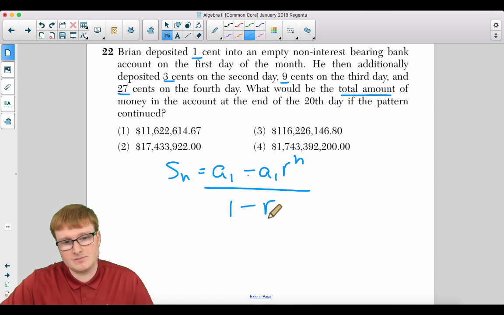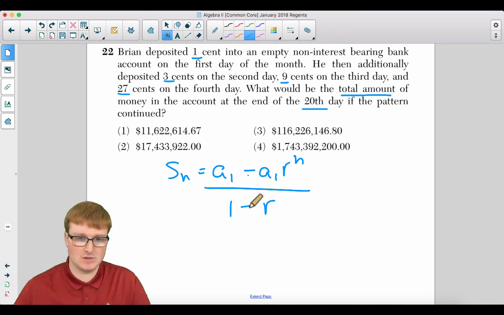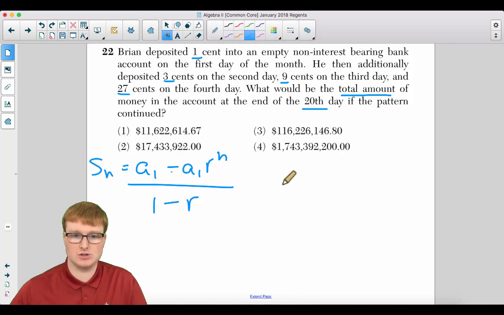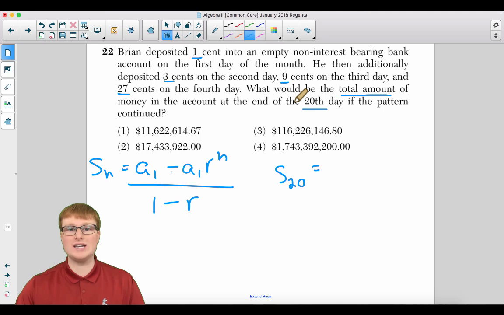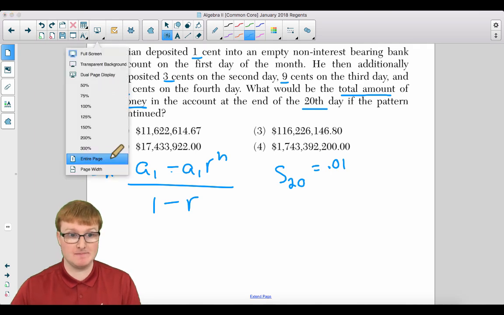Okay, so how do we do it? We're trying to find the 20th day. So S sub 20 is equal to the first term, which is 1 cent. Now, they're asking you about money, dollar amounts. What is 1 cent expressed as a dollar amount? Be careful. That's 0.01. That's 1 cent, ladies and gentlemen.